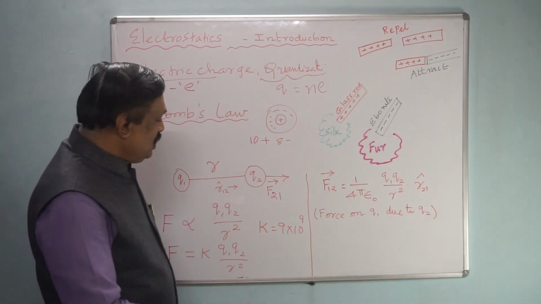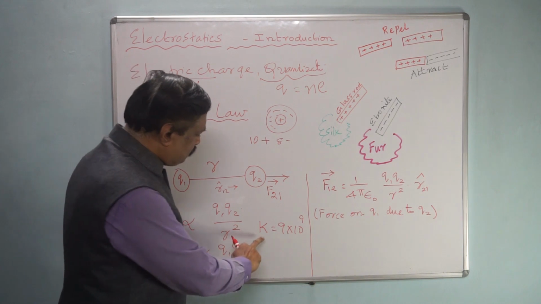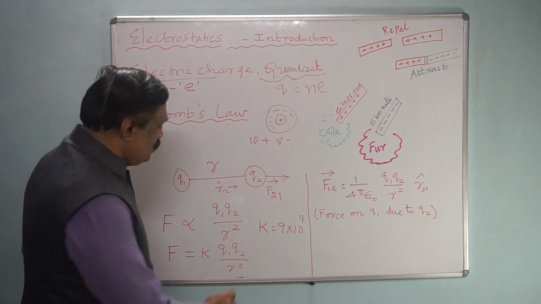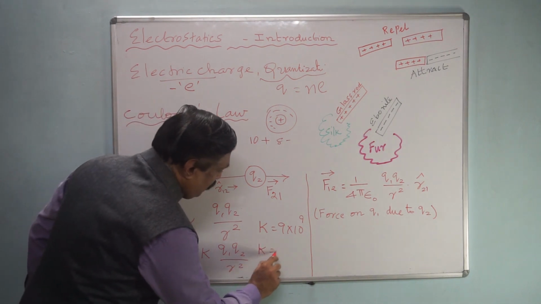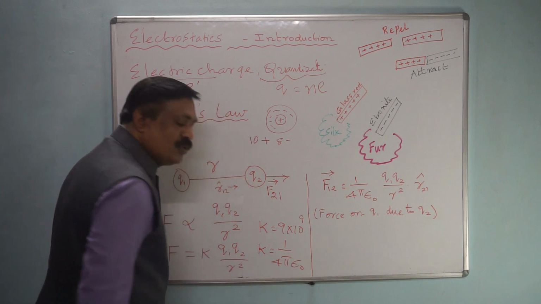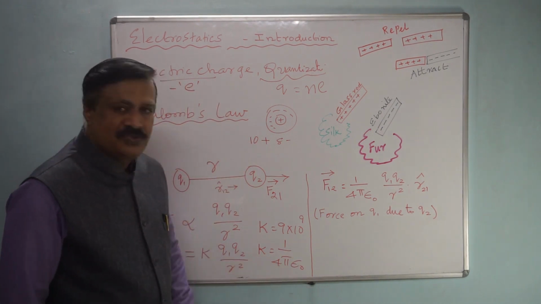Then you can easily derive the unit for K. And K is also given by 1 by 4 pi epsilon 0.